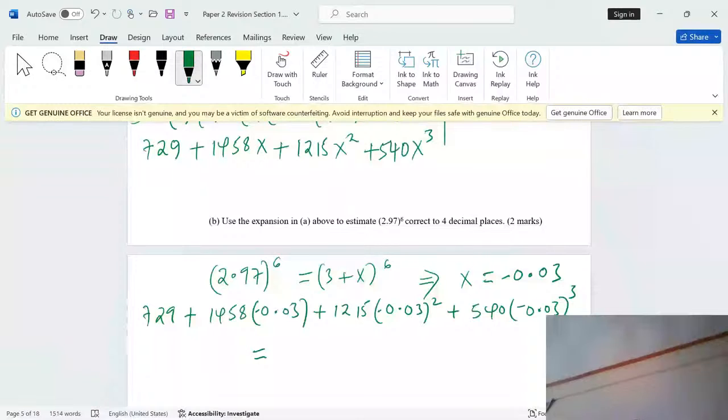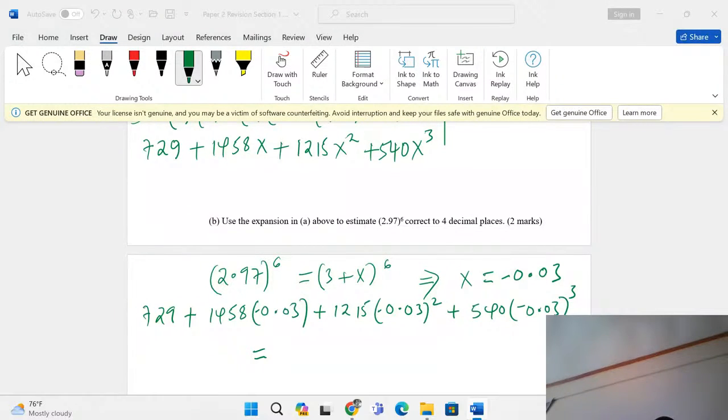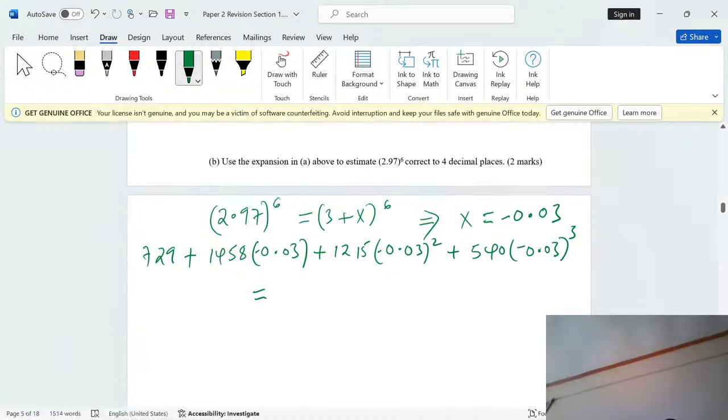This gives us 686 point, remember we are taught to 4 decimal places, 3389. So that is the estimate to 4 decimal places.